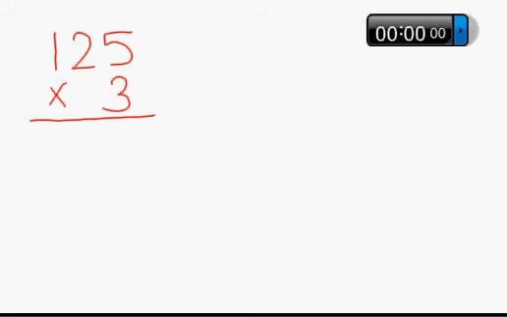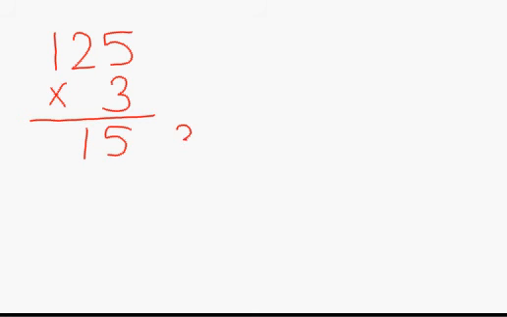Okay, so let's stop right there. Good. Timer's done. Move that out the way. So let's look to see how you did it. First, we have the 3 times 5, which is 15. And I'm just going to write this out here so that I can keep track of what I've done already. And then we have 3 times 2, but it's really 3 times 20 because that 2 is in the tens place.